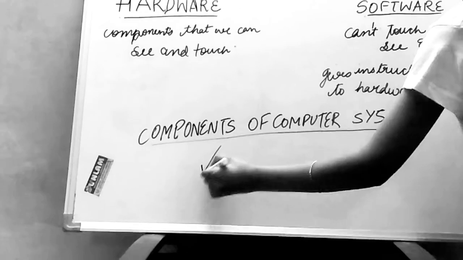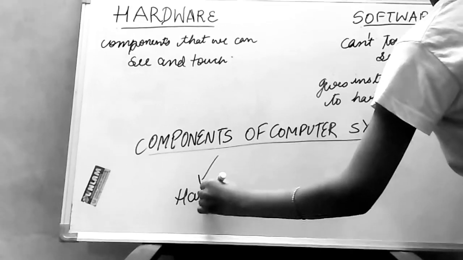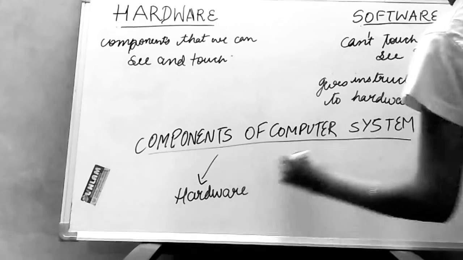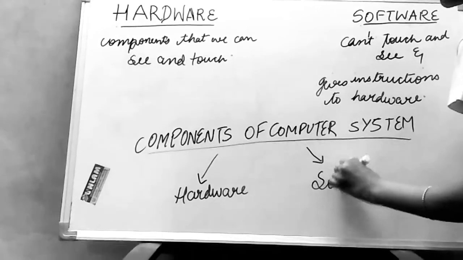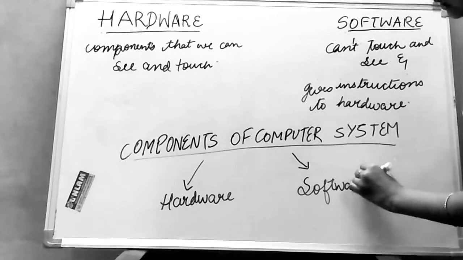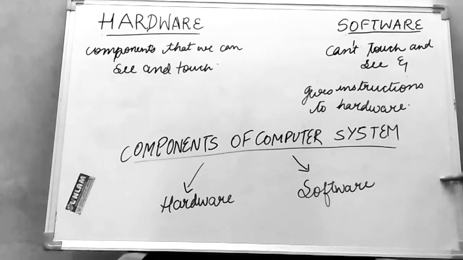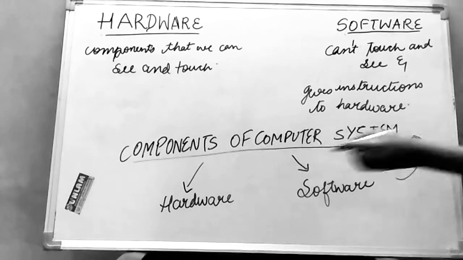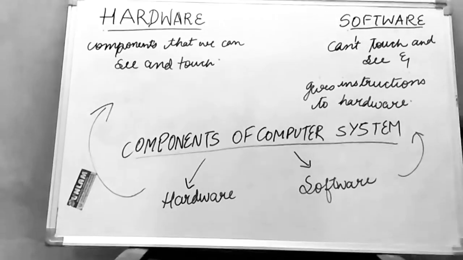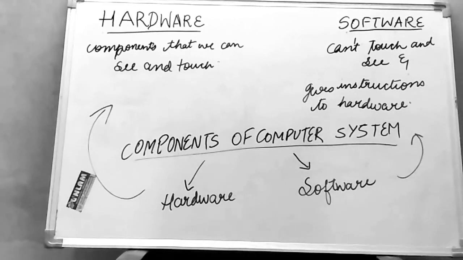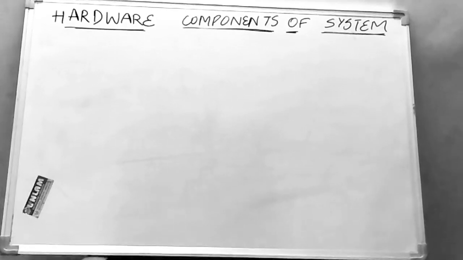Again, they are hardware and they are software. I have explained both of them earlier. This is software and this is hardware. So next is, what are the hardware components of system?